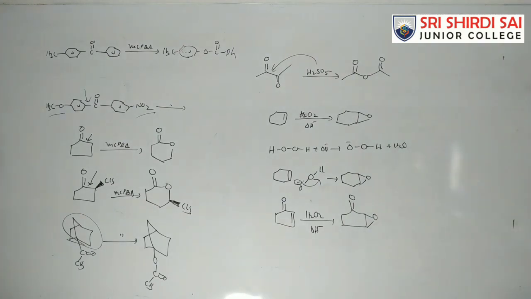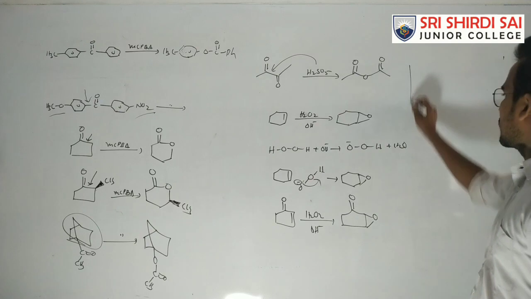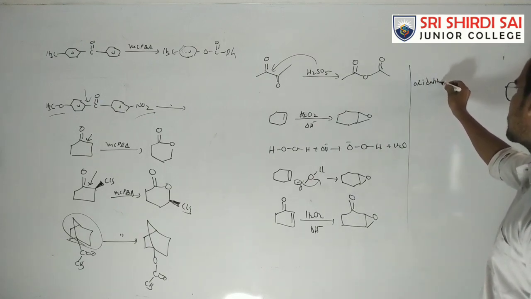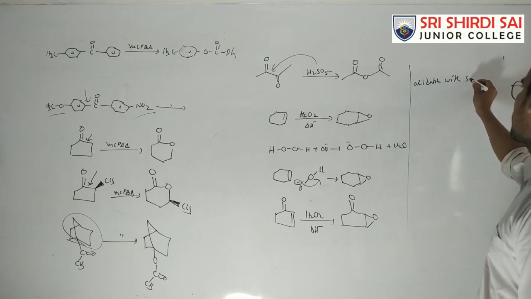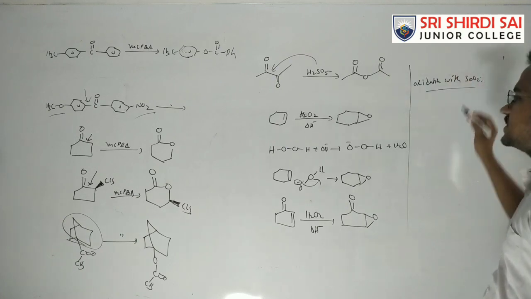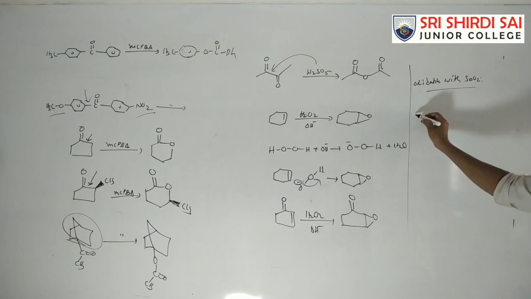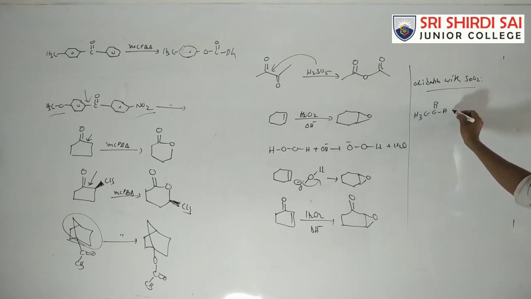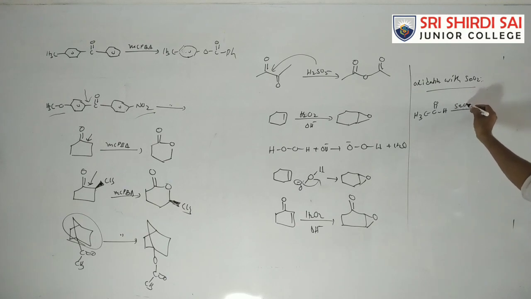Now a very simple reaction, oxidation with SeO2. Generally, CH3C double bond OH on treating with SeO2 is converted to C double bond O, C double bond OH.